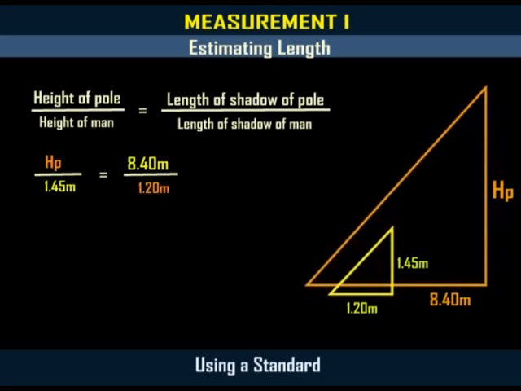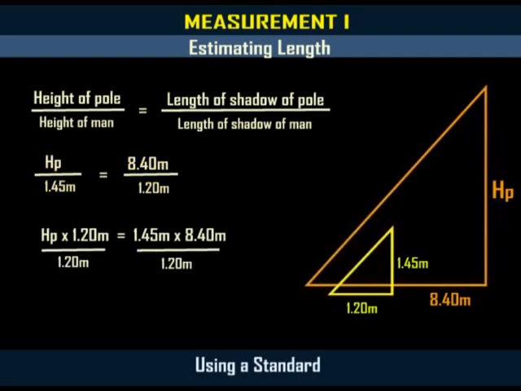We cross multiply. Height of the pole times 1.2 meters is equal to 1.45 meters times 8.40 meters. We divide both sides by 1.2 meters and we get the height of the pole is equal to 10.15 meters.